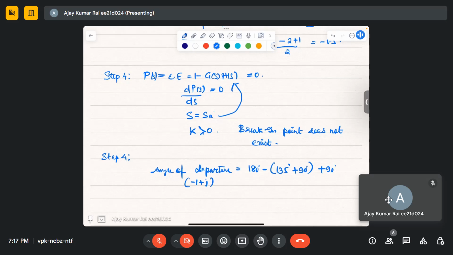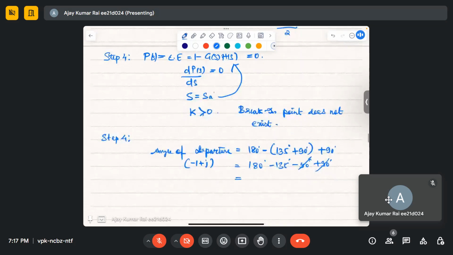So we have calculated, right? So the only change is 180 degrees. Okay, so this is the value. So 45 degrees. So correspondingly, if you calculate the angle of departure for minus 1 minus j, you'll get minus 45.